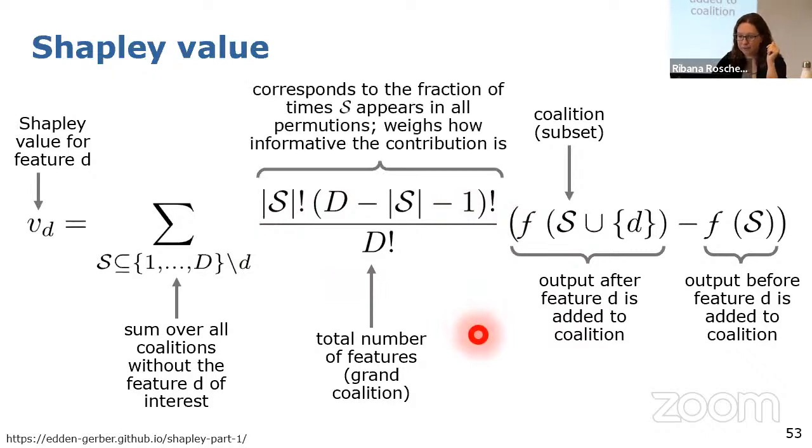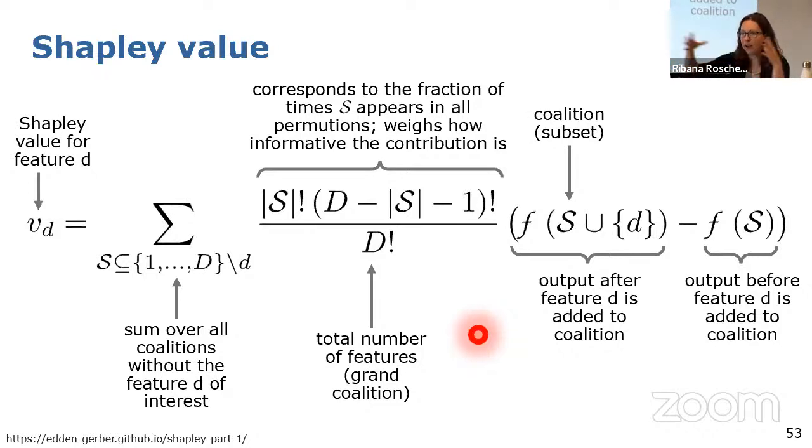I tried to wrap my mind around this kind of normalization, and I found a good intuition behind it. So this term corresponds to the fraction of times S appears in all permutations. So actually you have a lot of permutations, but intuitively, this gives the highest weight to the most informative contribution of players. So most informative is the contribution when it's either isolated, when the player plays alone, or when it's added to an otherwise full coalition.